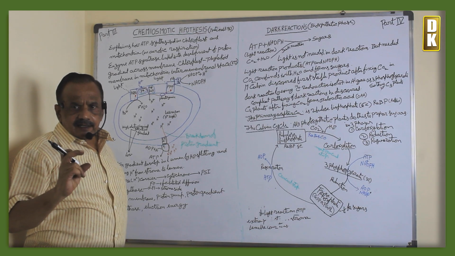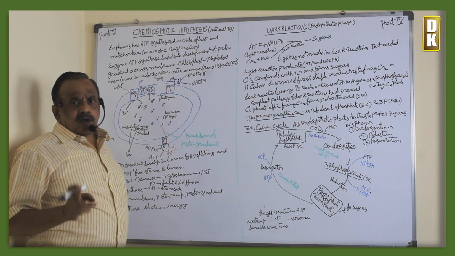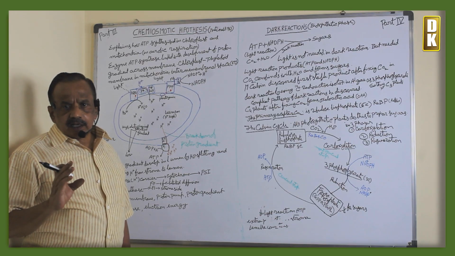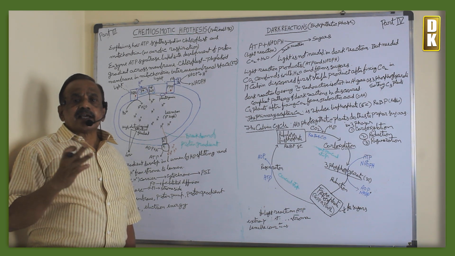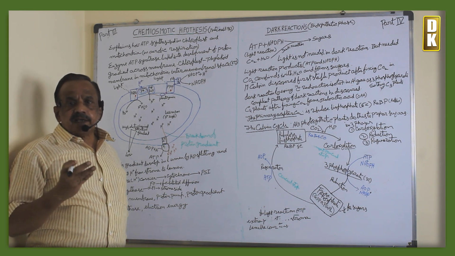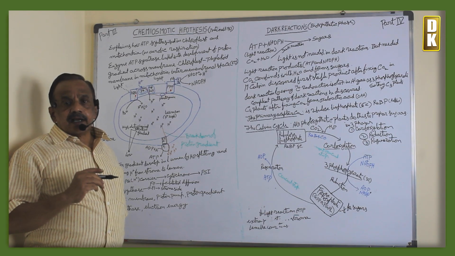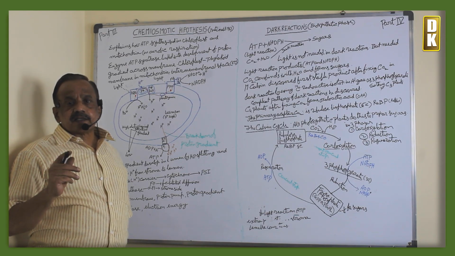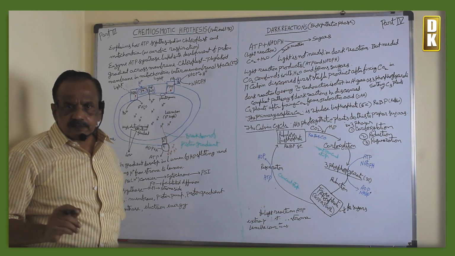They are present in this, and they will do the non-cyclic pathway. In the non-cyclic, the products are ATP and NADPH. How the ATP and NADPH are produced in the membrane and how they are helpful, we are going to explain.